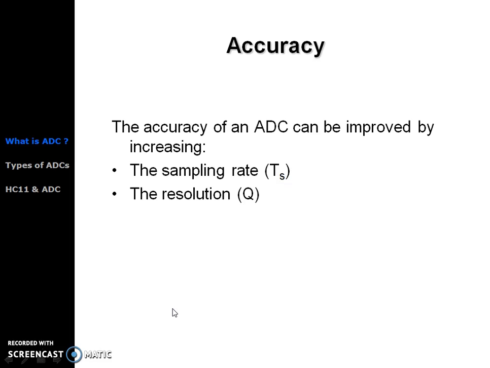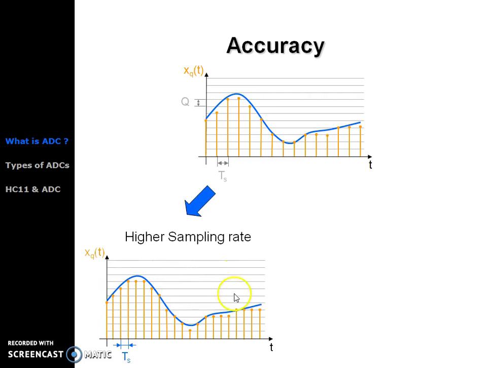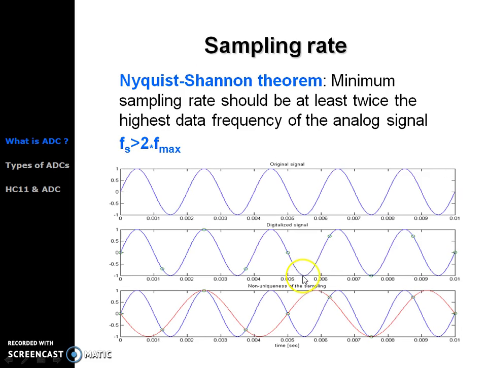Next, the accuracy of the analog to digital conversion can be improved by increasing the sampling rate and resolution. So here you can have a signal which has a high sampling rate and high resolution. Sampling rate is here, and high resolution means here.